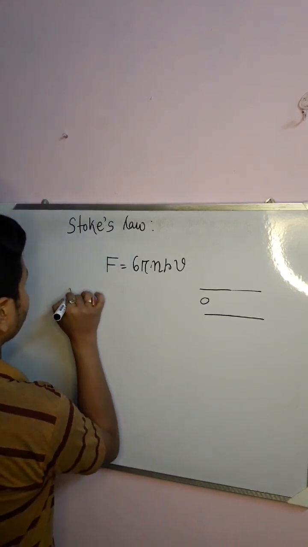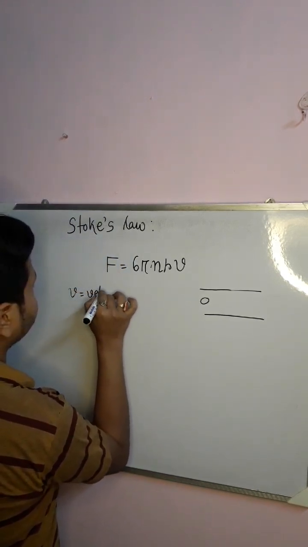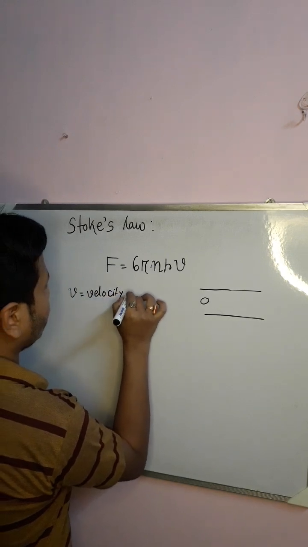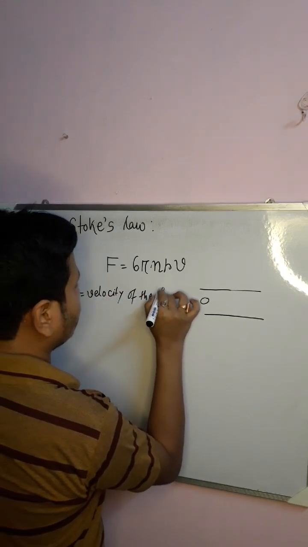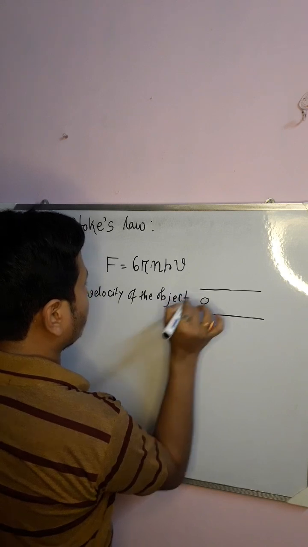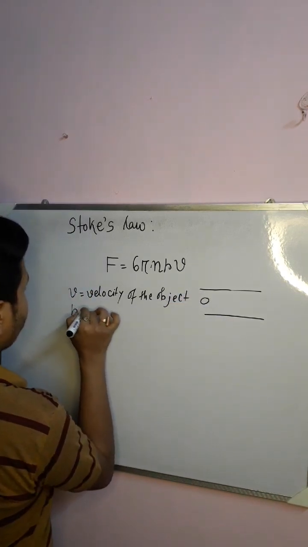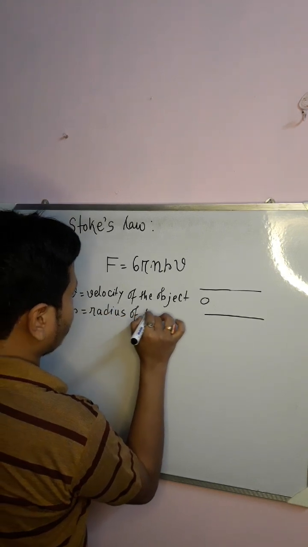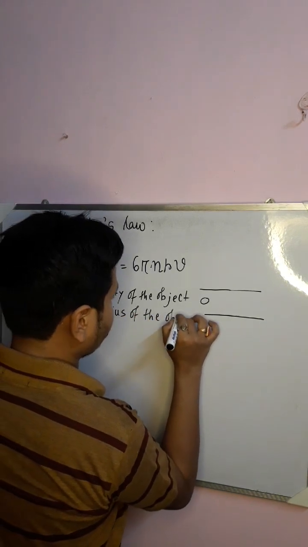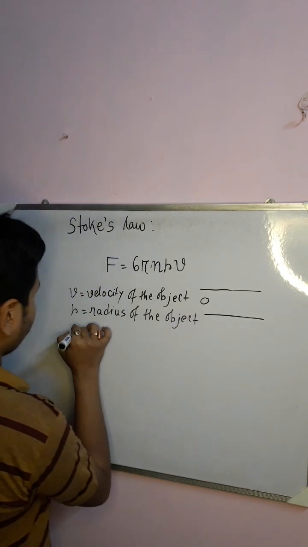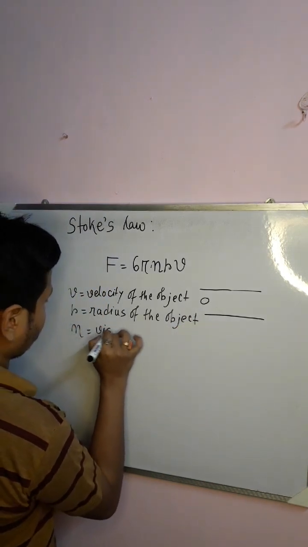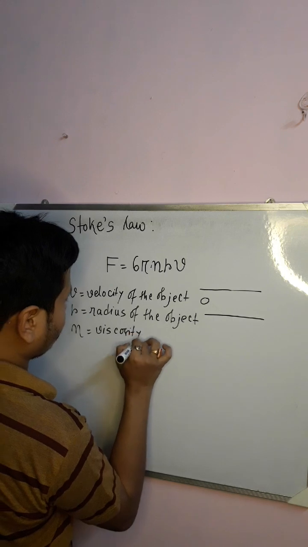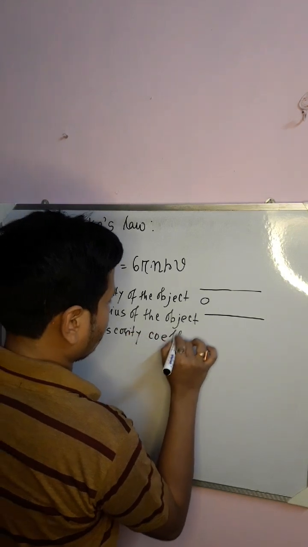Okay, v is the velocity of the object, r is the radius of the object, and eta is the viscosity coefficient.